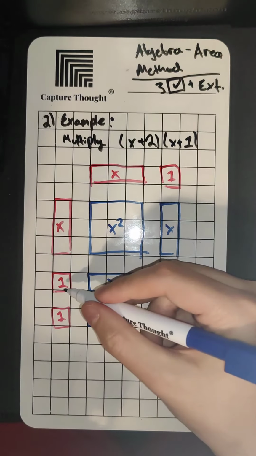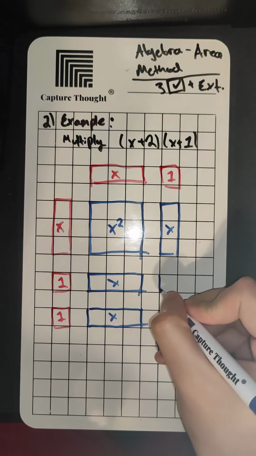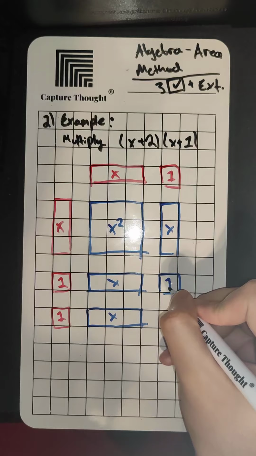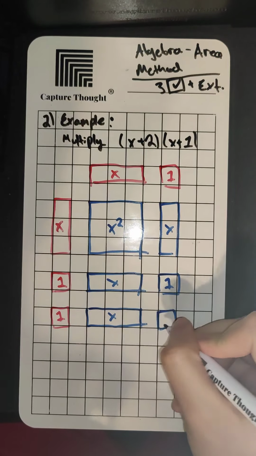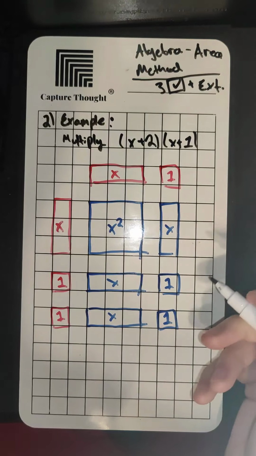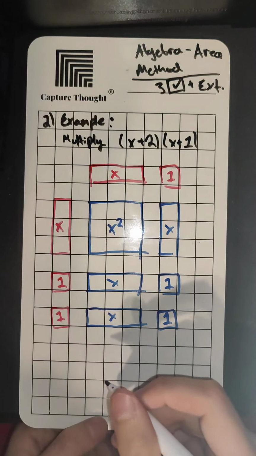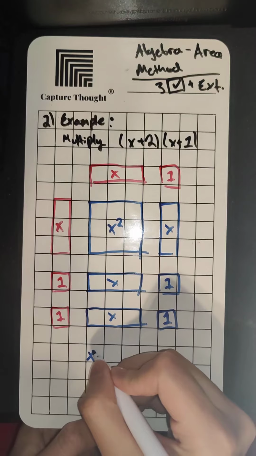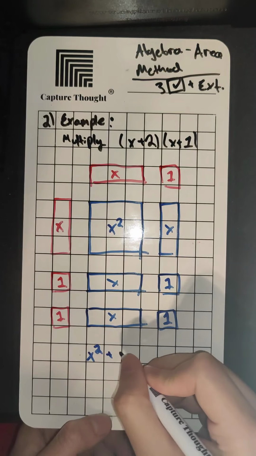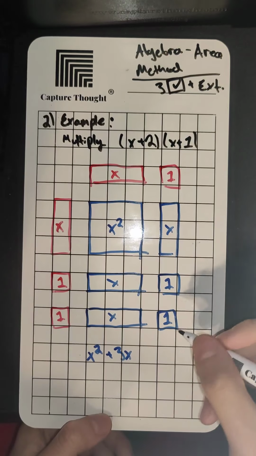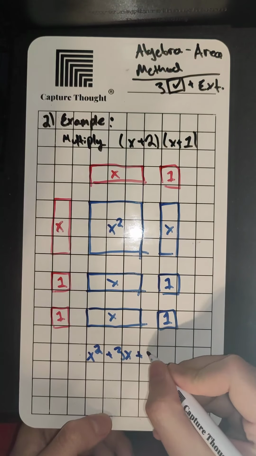And finally, we have 1 unit times 1 unit, 1 obviously. And then we have one more, 1 times 1. And now we just add them all together. So we have 1 algebra tile of x squared, plus 1, 2, 3 x algebra tiles, and then 2 one-unit algebra tiles.